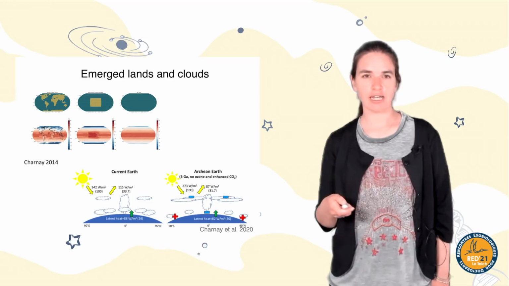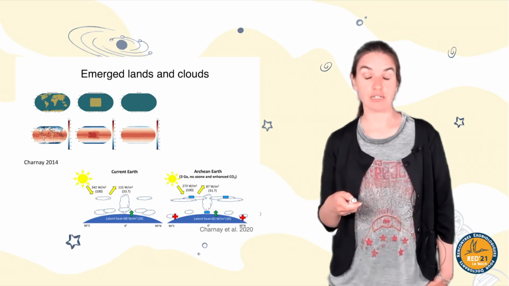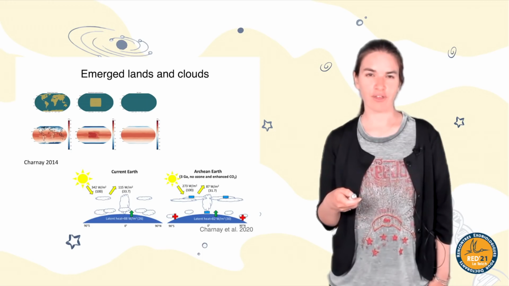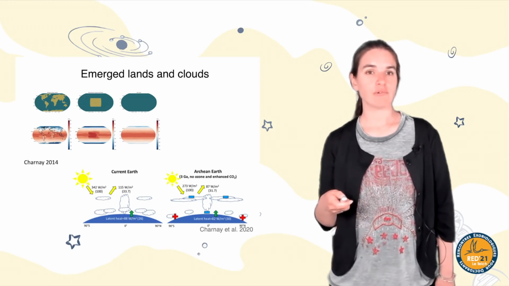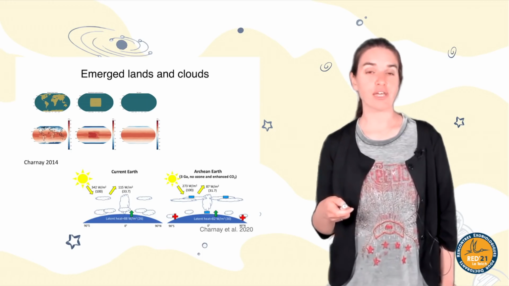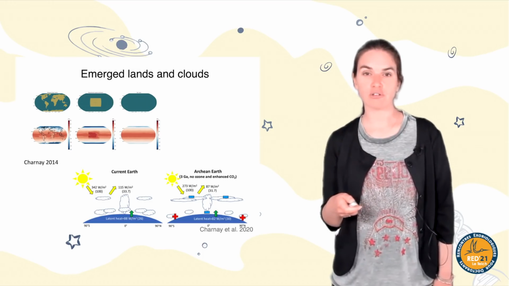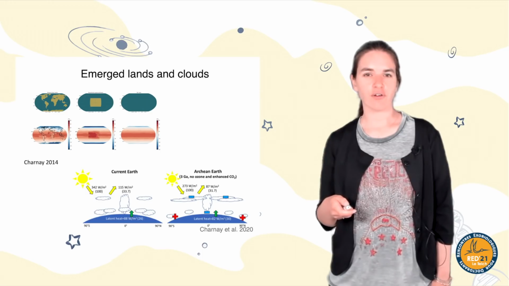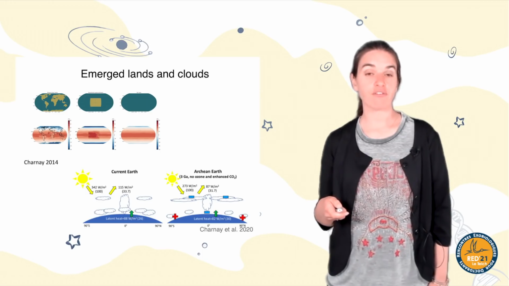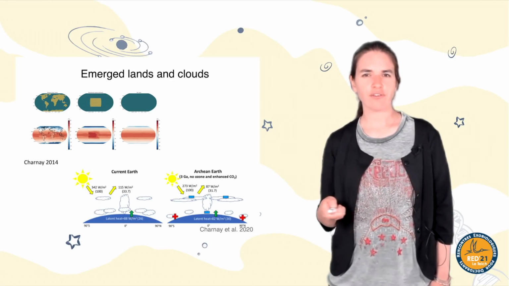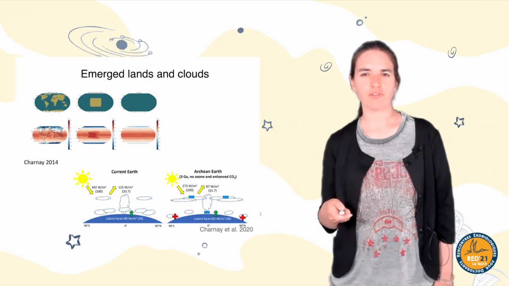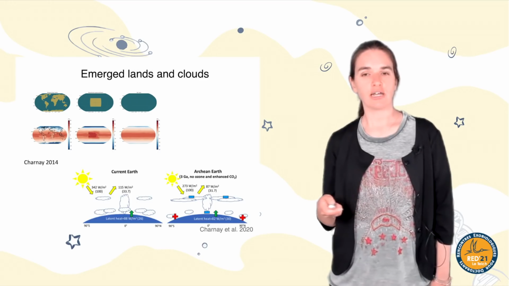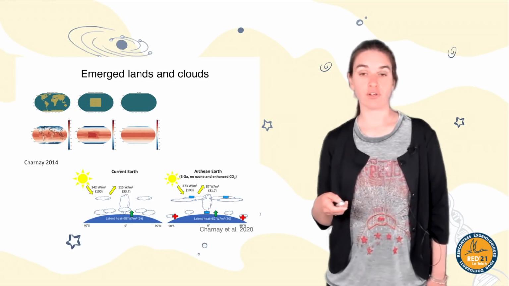So on the top diagram, you have different modeling of the Archean greenhouse effect, if you have the same amount of emerged land as today, only one big continent, or no continent at all. And on the bottom, you have these different greenhouse effects on the current Earth and on the Archean Earth with no ozone and a little bit more CO2, and what the effect of the cloud will be.